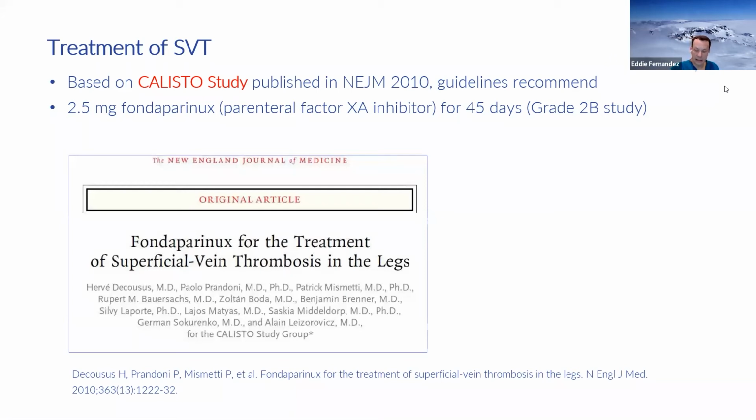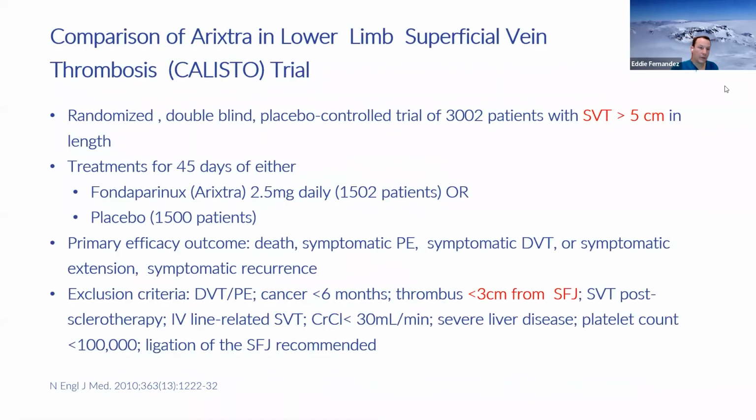So this is the CALISTO study, okay, out of 2010, and the use of a 10A inhibitor, fondaparinux, 2.5 milligrams for 45 days. It's a phase 3 study, so it's a randomized, double-blind, placebo-controlled trial and looks at 3,002 patients.